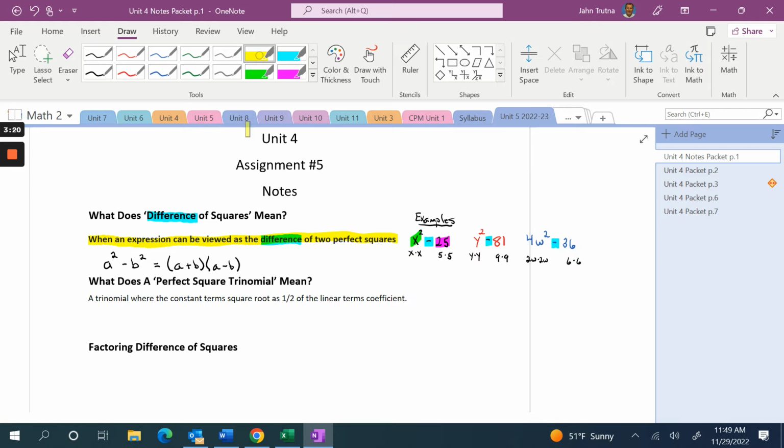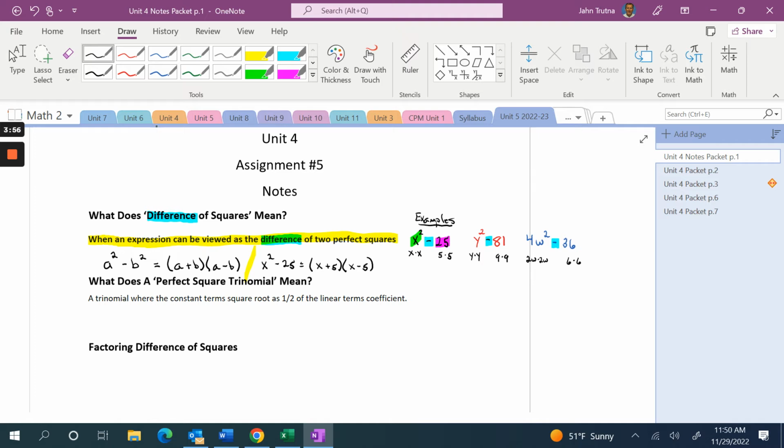Well, if I have the difference of two squares, let's go with x squared minus 25, this will always factor into quantity x plus 5 multiplied with quantity x minus 5. Notice that the quantities have a plus and a minus in them, and they have a 5 and a 5 because 5 times 5 is 25. And both quantities start with an x because x times x is x squared.